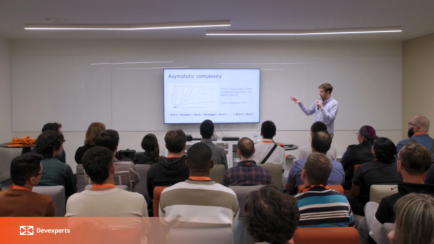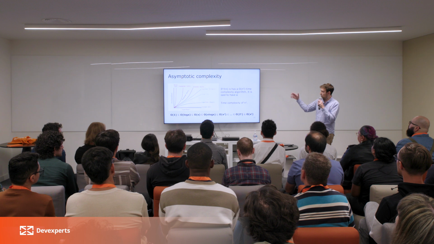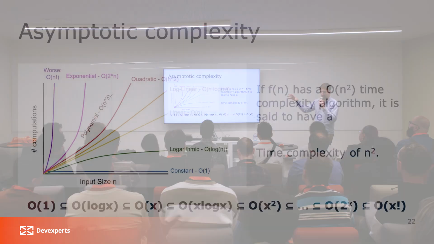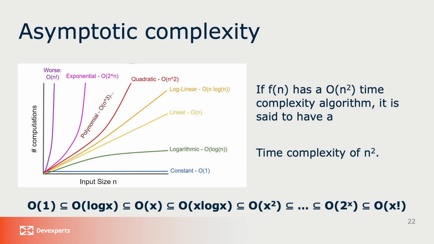If we have a function that has O of n squared time complexity, we can say that it has a time complexity of n squared. And we can also see that every subset that we focus on will also have its respective better equation.